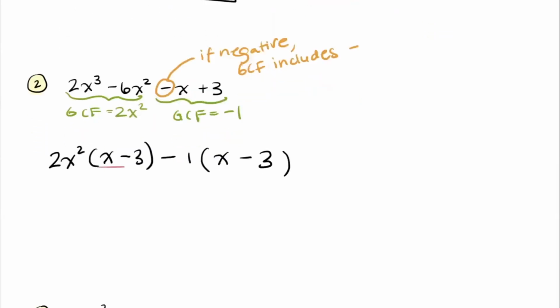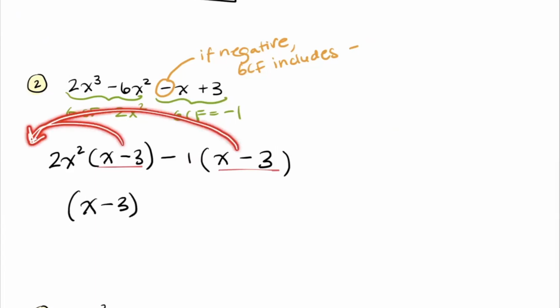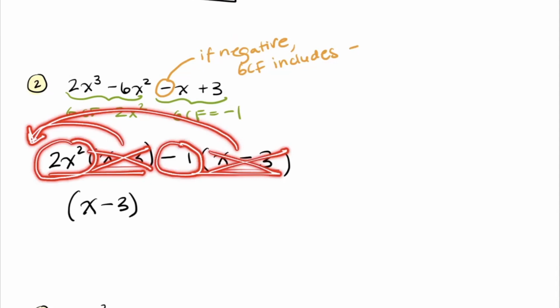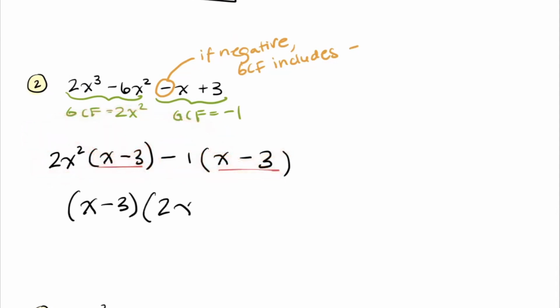Okay, so then overall GCF here of x minus 3, so we're factoring it out as an overall GCF. So we're dividing this piece and this piece by x minus 3. It goes out in the front. And what we have left is 2x squared minus 1 in our second factor.